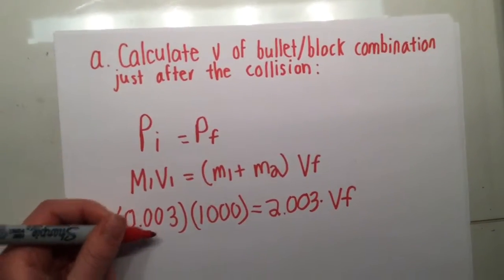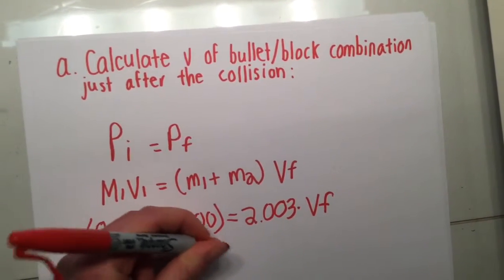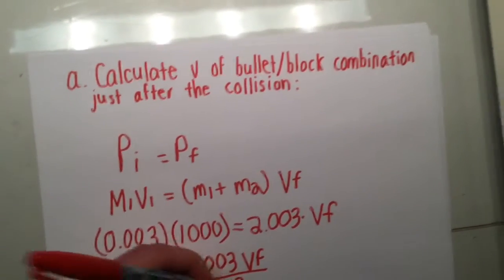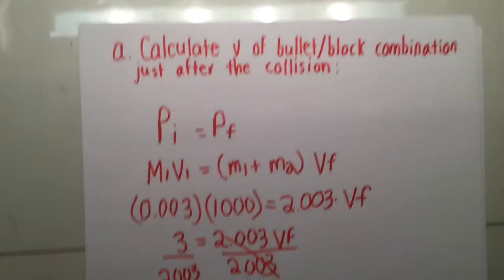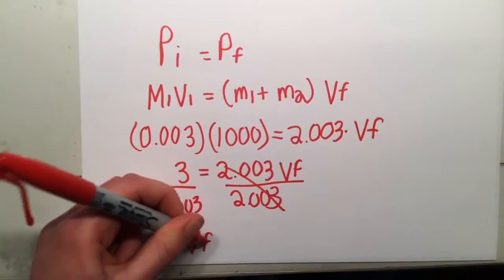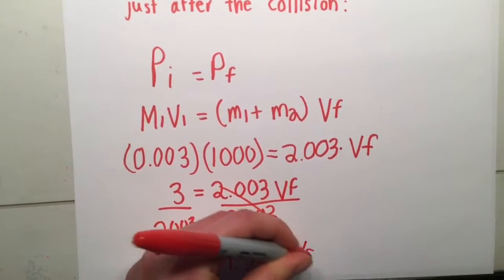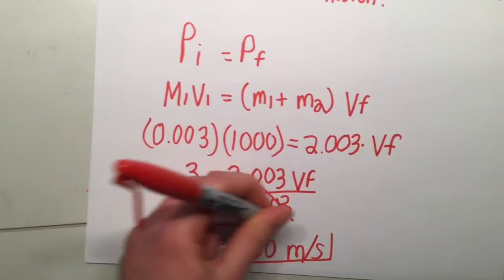Now by multiplying, we can solve for V final. And by dividing, we solve that V final is equal to 1.50 meters per second.